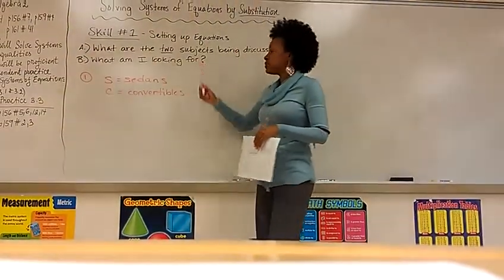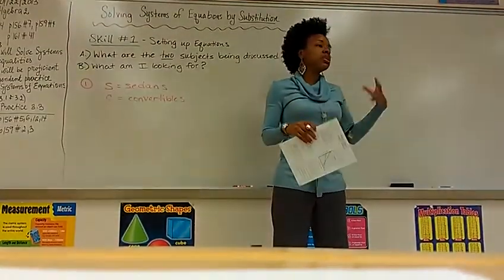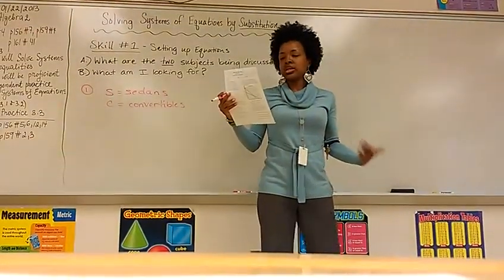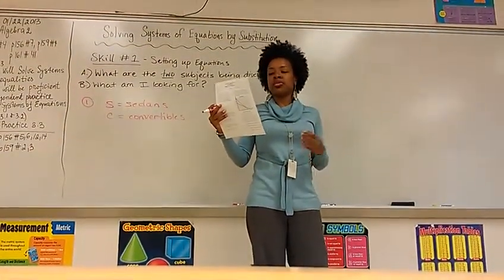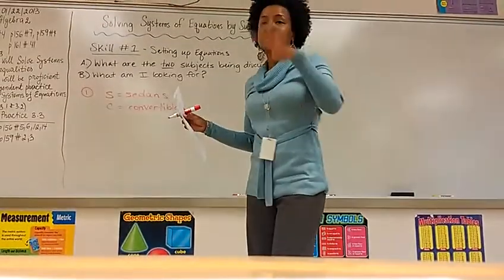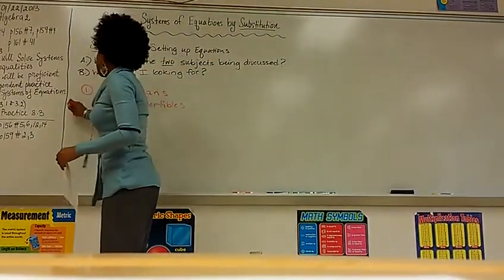Okay? And second question I need to ask myself is, what am I looking for? When I say what am I looking for, what is the question asking me? Usually it's the last question. It says, which statement shows the correct number of sedans and convertibles rented? So that means they want to know how many sedans, and how many convertibles. So up to the side, we're going to write that.